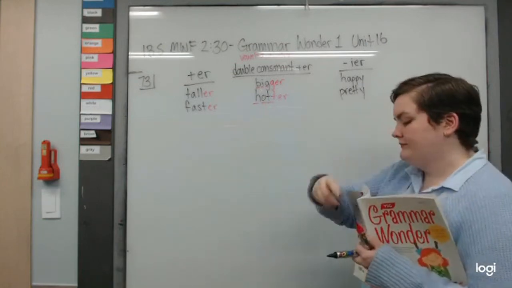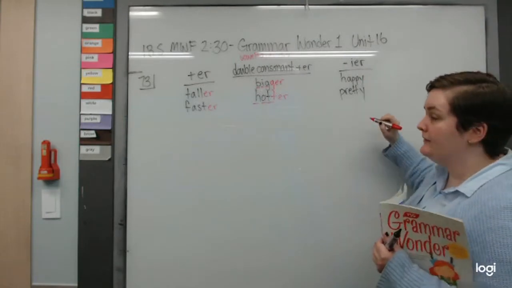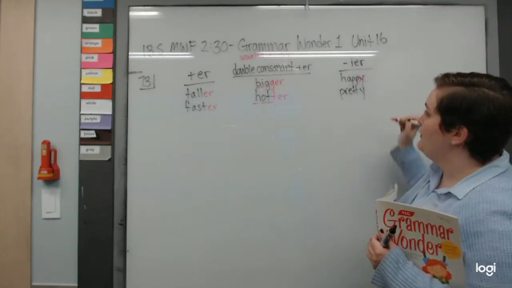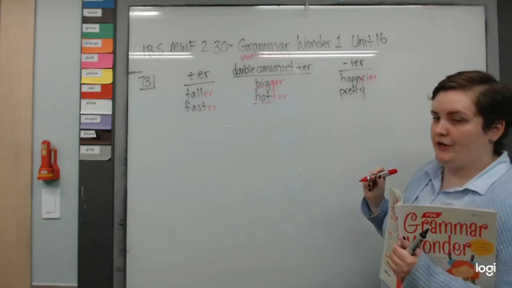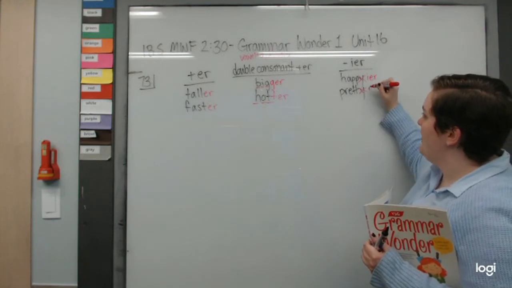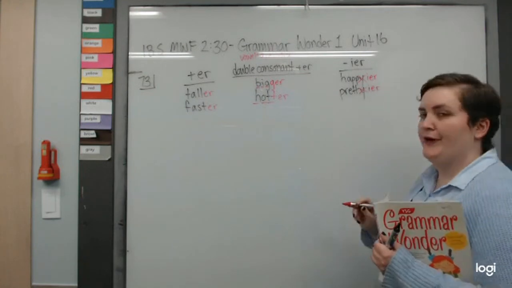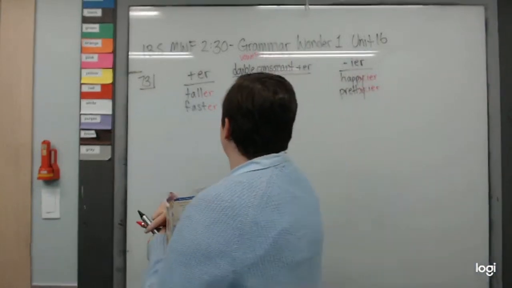So, these words, they end in Y. Get rid of Y and put IER for happier. Pretty, get rid of Y, IER, prettier. So let's do part B.